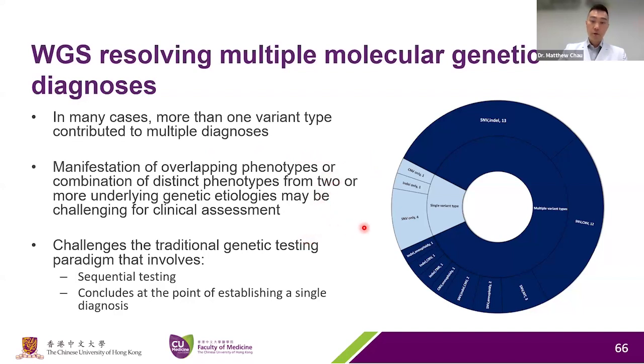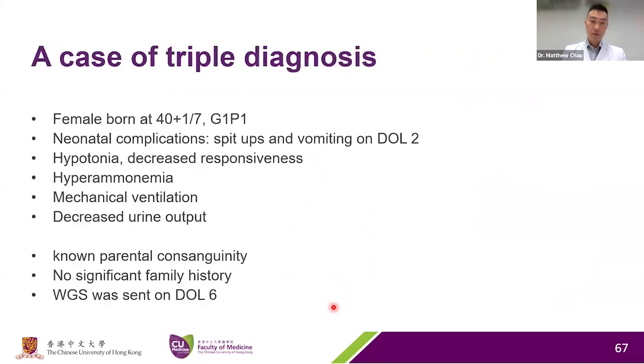And also you have a very broad differential, which means a broader interrogation approach may be more helpful. And this may also change the traditional genetic testing paradigm, which traditionally would involve sequential testing or stopping at the point of establishing a single diagnosis, in which we may miss some of the additional diagnoses.